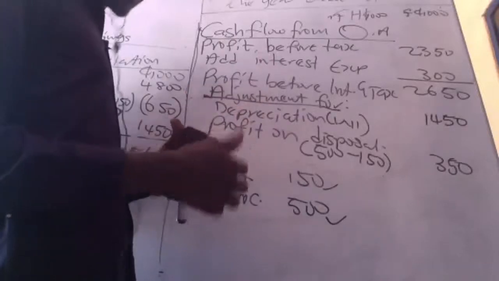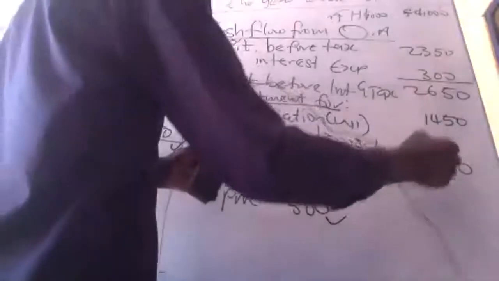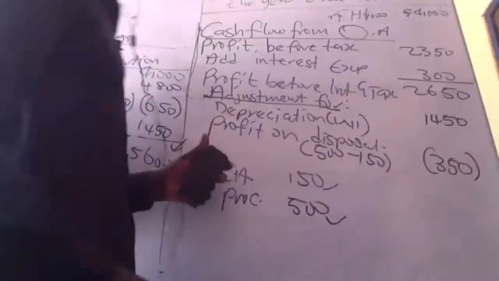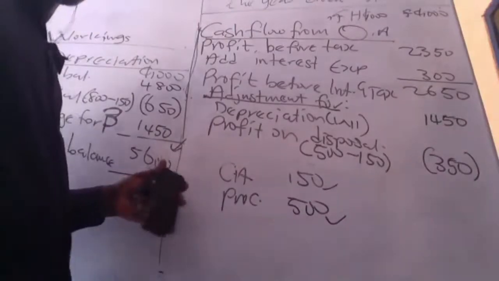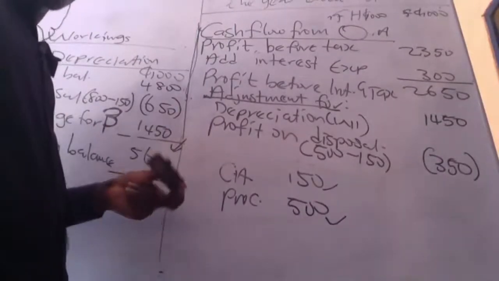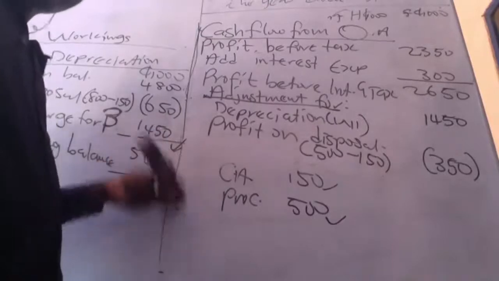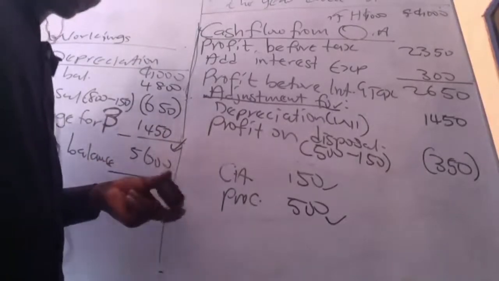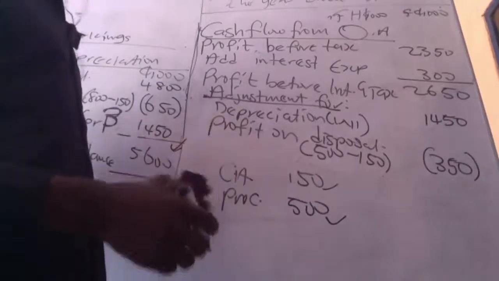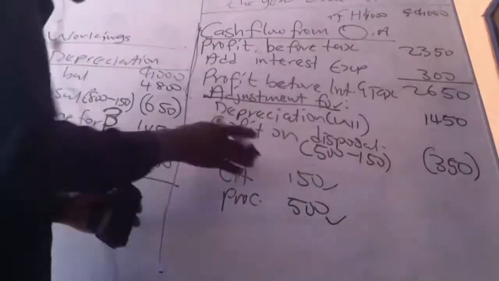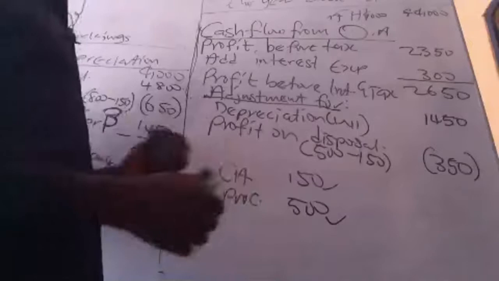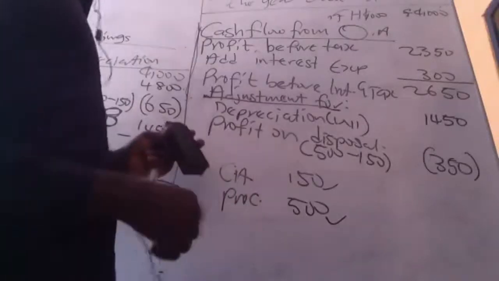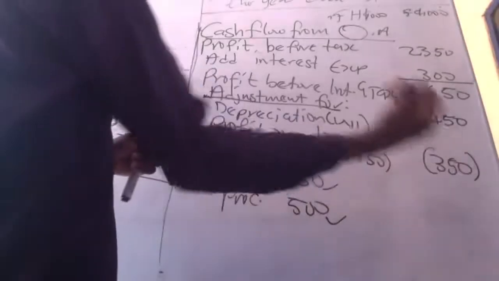How do you do the reversal? You have added, so reverse it by subtracting it. So here we are subtracting it, because they have added. So we are doing the reversal. Then when we go to investing, we are not going to add a profit, because profit is not a cash flow.